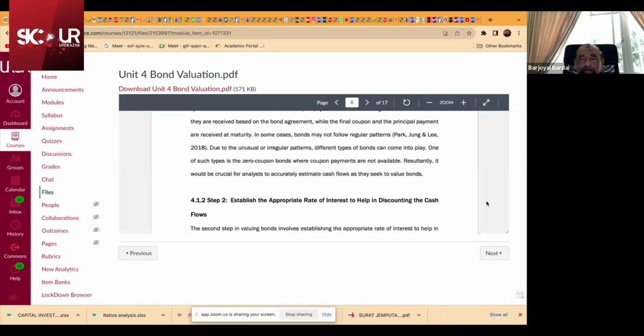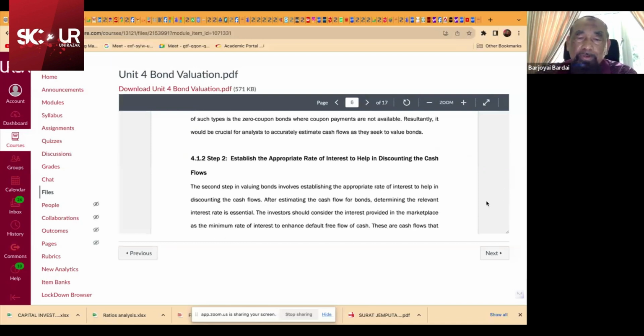The question is, is that a viable investment? Next, step 2, we will establish the appropriate rate of interest to help us in discounting the cash flow.